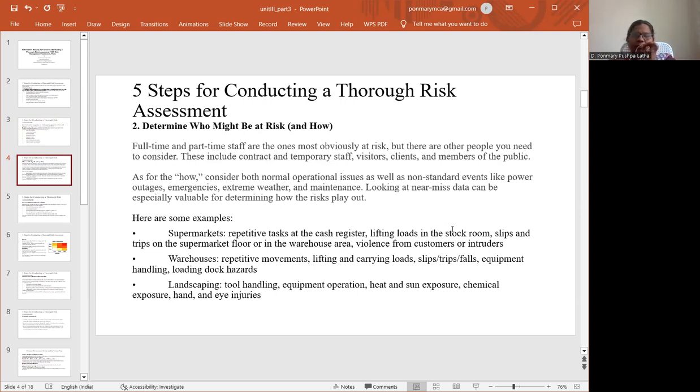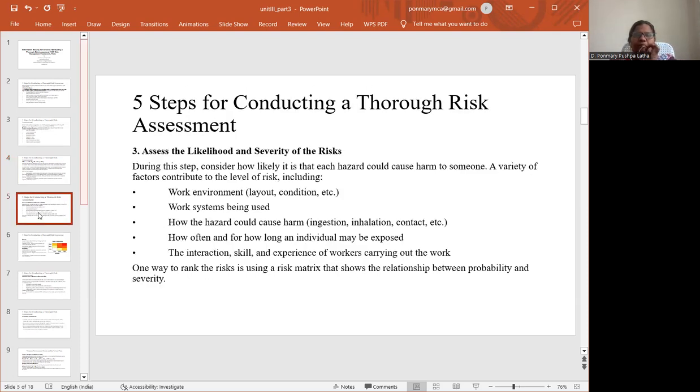Maybe there is a problem in lifting the loads. So at that time, a risk may happen. Similarly in the warehouses, lifting and carrying loads, the risk may happen. In landscaping, equipment operations or heat and sun exposure, because of this the risk may happen.